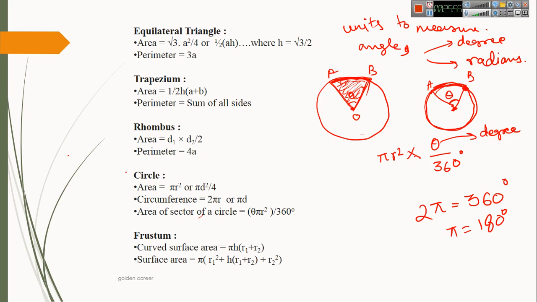So if theta is given in degrees, then we divide by 360 degrees and multiply it by the whole area, pi r square. If theta is given in radians, then we divide theta by 2 pi.